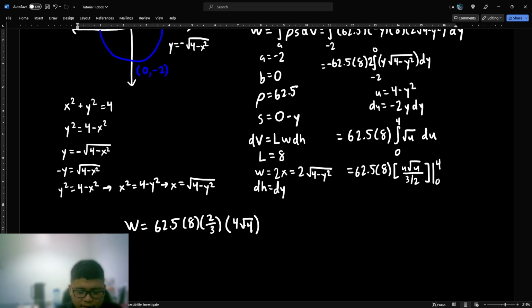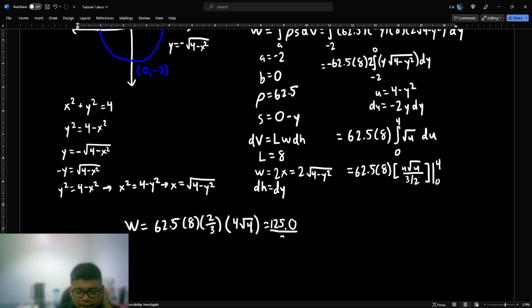So let's evaluate this. This becomes 62.5 times 2 first, which is 125. Is that divisible by 3? I don't think it's divisible by 3.